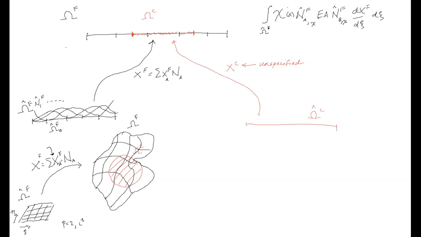Now these nodes, what space do they live in? Let's say this is an XY space. So these nodes here, these x_a^f, are they in the xi-eta coordinate system, or are they written in the XY coordinate system?